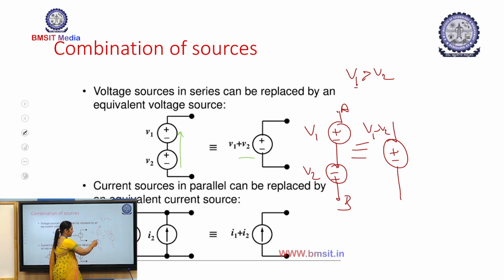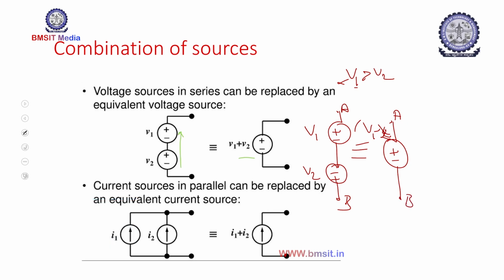Why minus? Because the polarity is opposite in the second source. So it will be V1 minus V2 across the same terminals.